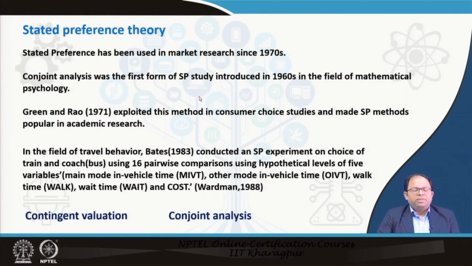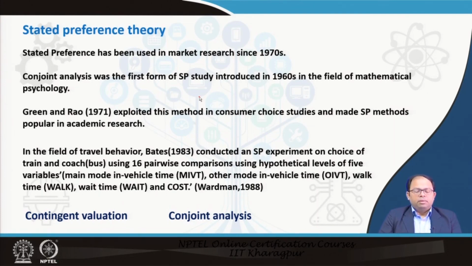Stated preference theory has been there for a long time. Since the 1970s, in market research, people have been using stated preference theories. Economists are a bit skeptical about stated preference, but in market research this is done because it is very convenient to do this kind of research.